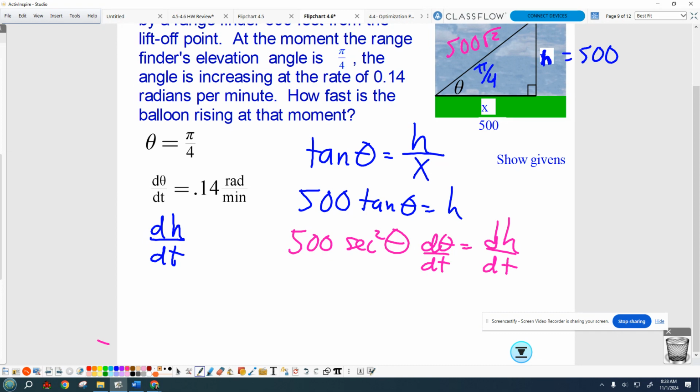So secant is 500 root 2 over 500, which is just root 2. Root 2 squared is 2. 500 times 2 is 1,000. 1,000 means move that over 3 decimal places. So how is the height changing?